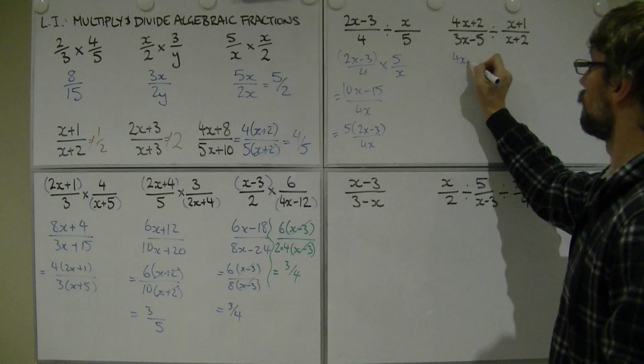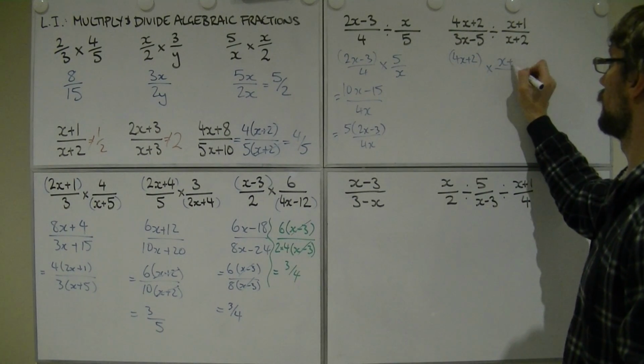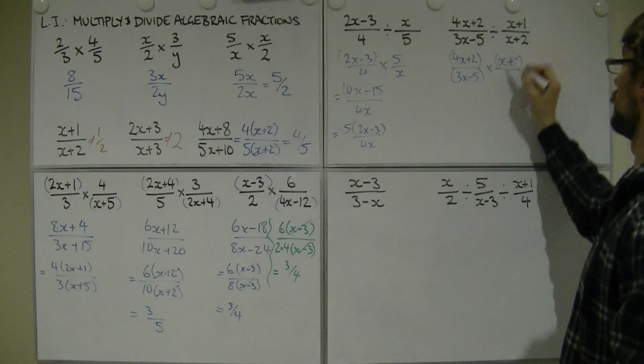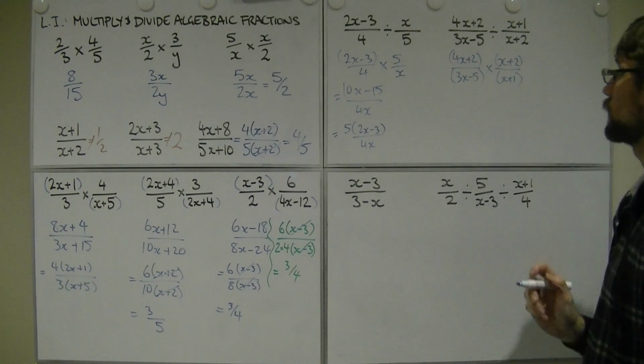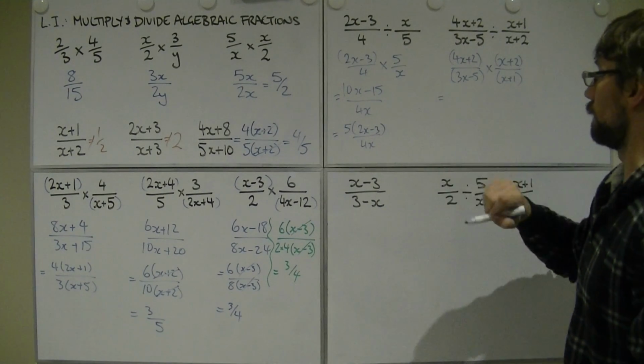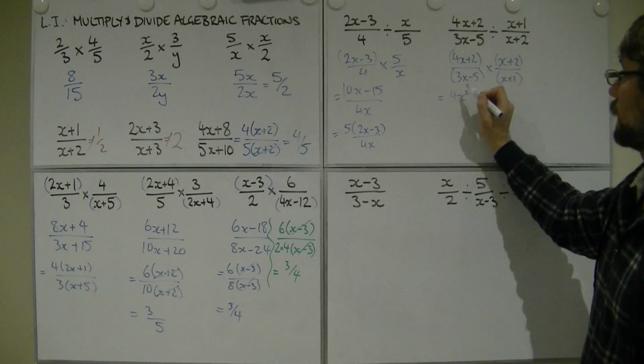What about this guy? Well, we've got 4x plus 2, all multiplying the upside down of this, x plus 2, over. Cool, okay. Oh, well now we've got our foil thing going. Now if you need to use multiple colours, you use multiple colours. There's nothing wrong with throwing a bit of colour in there.